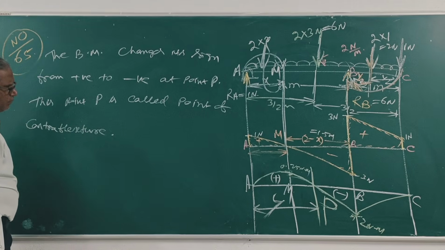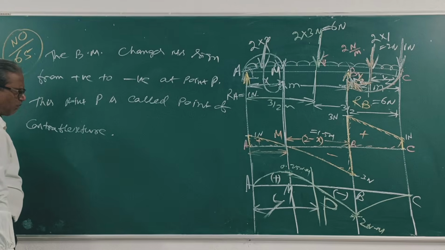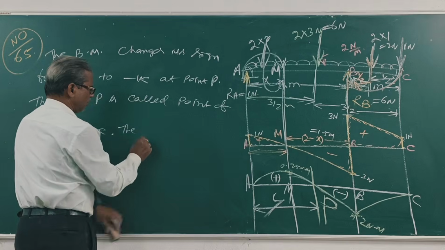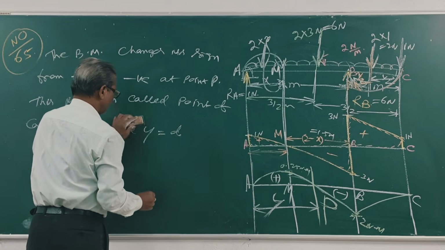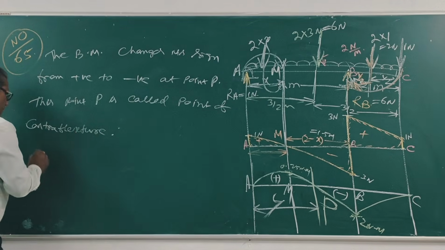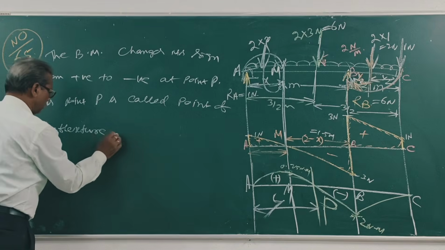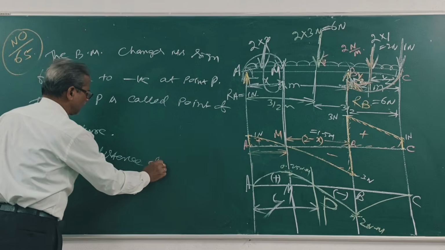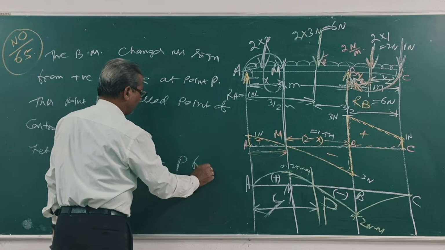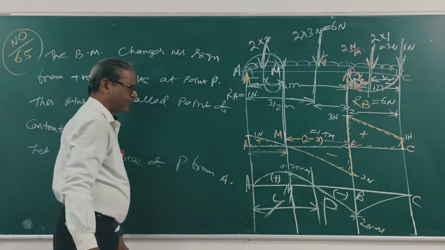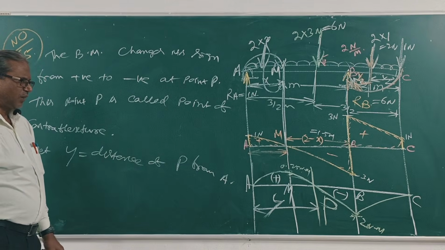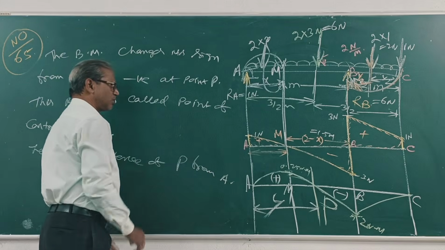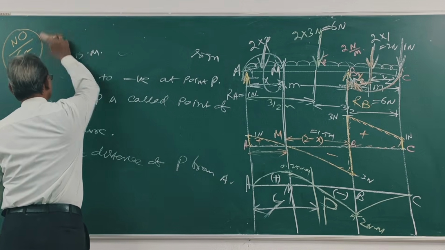Clear? This point P is a distance y from A. Let y be equal to the distance of P from A. Clear? Now find the value of y.